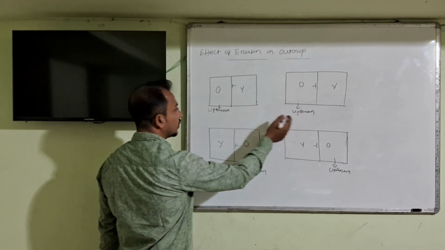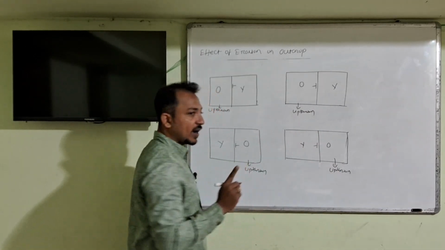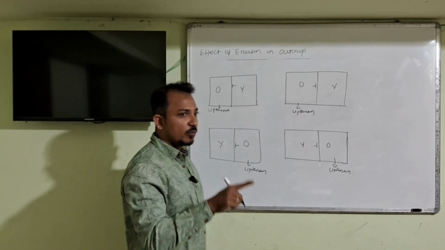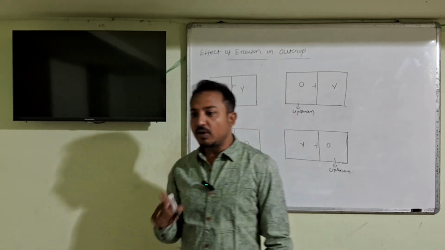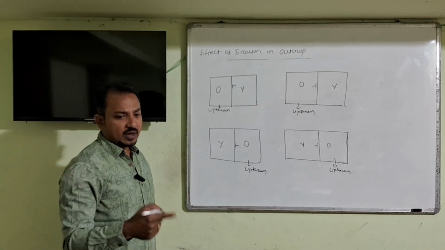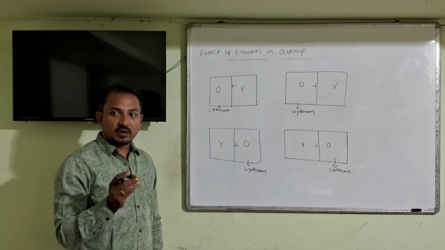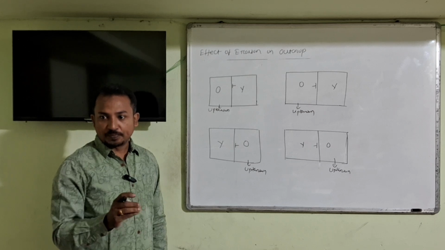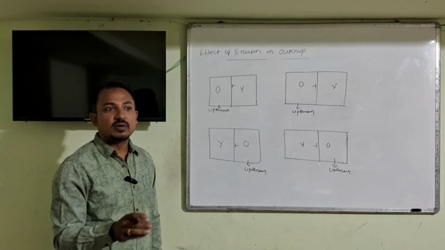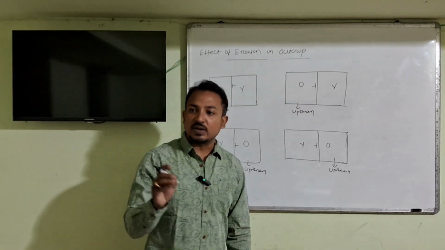So up-thrown. Then you have to find out in any case, if the fault plane dips towards the up-thrown block, it is reverse. If the fault plane dips towards the down-thrown block, it is normal. This is always true in all types of structure. You just have to find out which one is up-thrown and which is down-thrown.